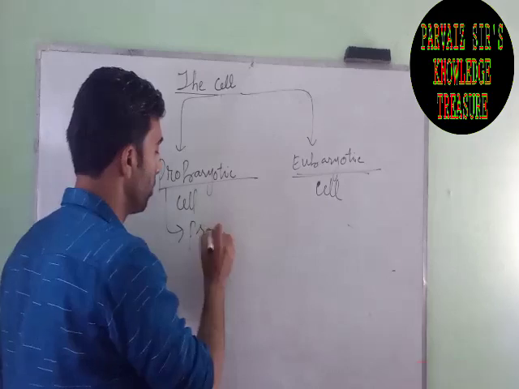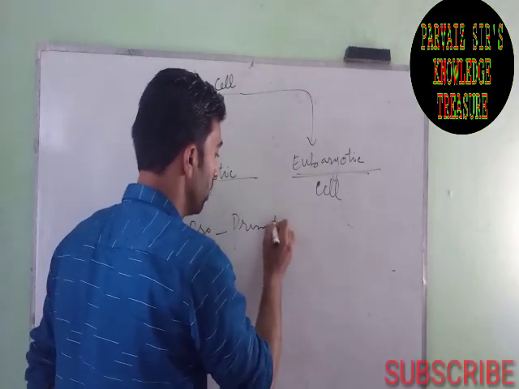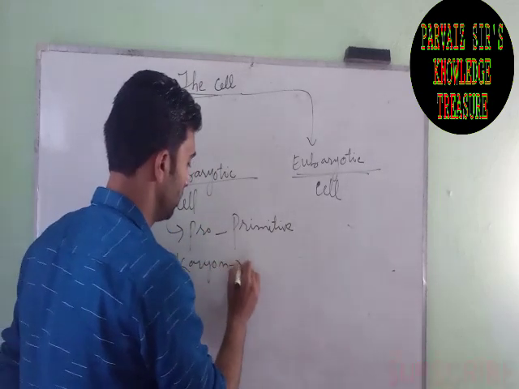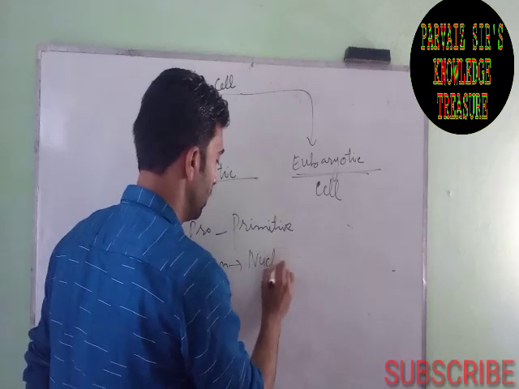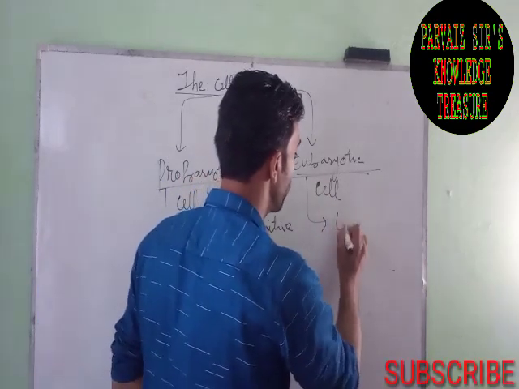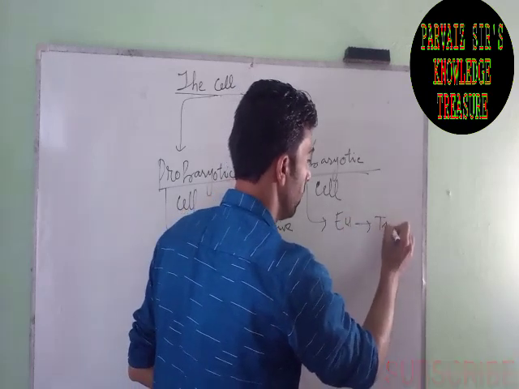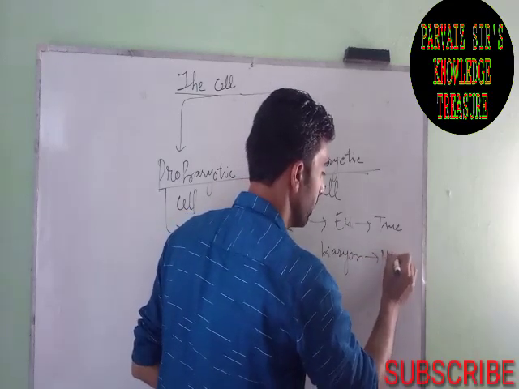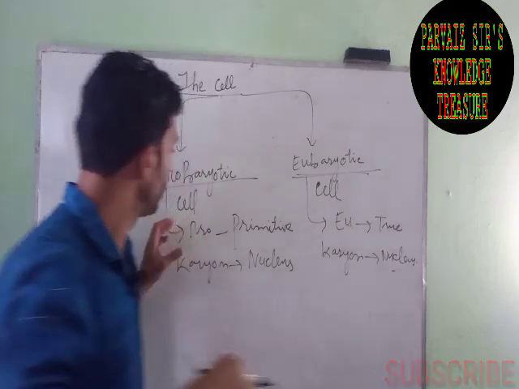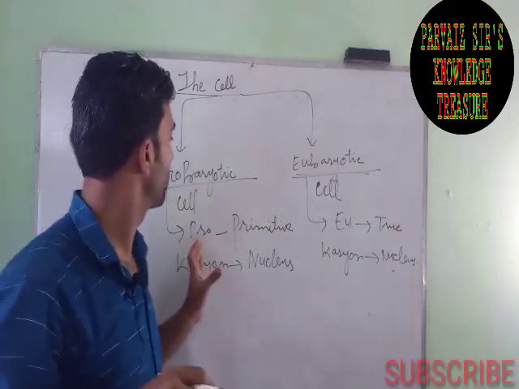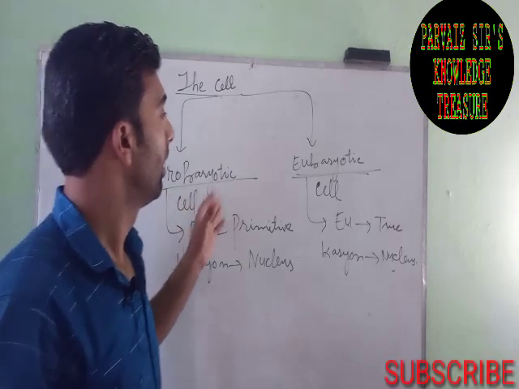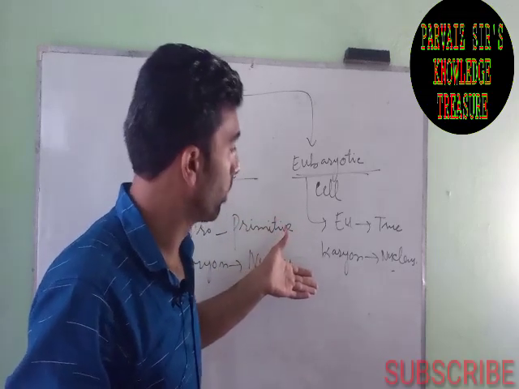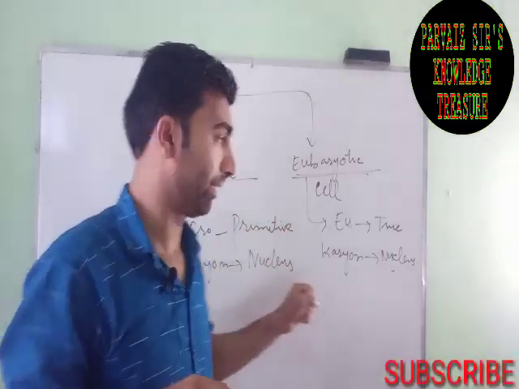Pro means primitive and karyon means nucleus. Similarly, eu means true and karyon means nucleus. So we can say that those cells which have a primitive type of nucleus are called prokaryotic cells, and those cells which have a true nucleus are known as eukaryotic cells.